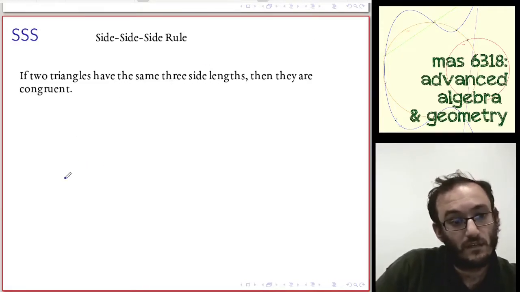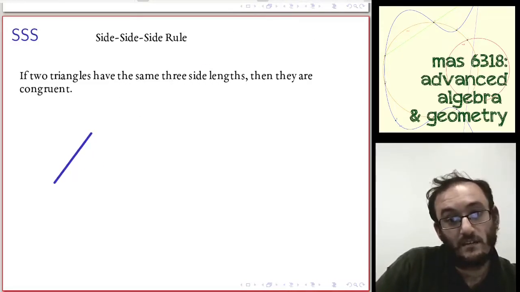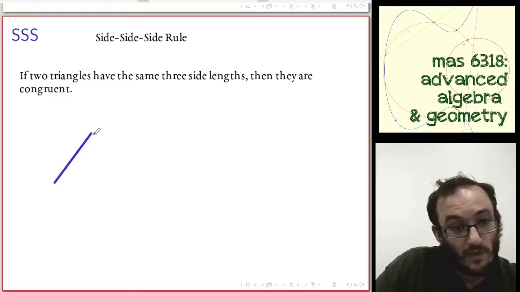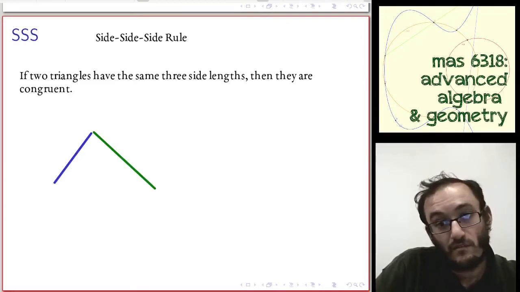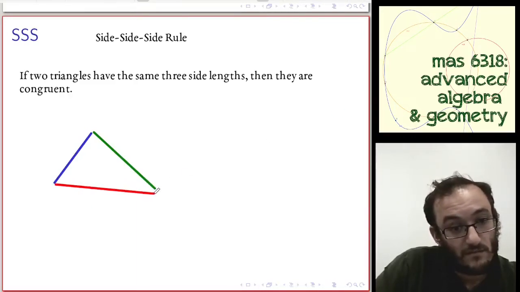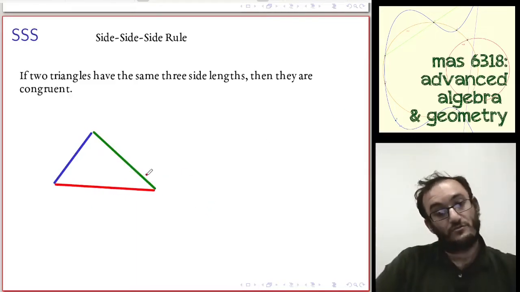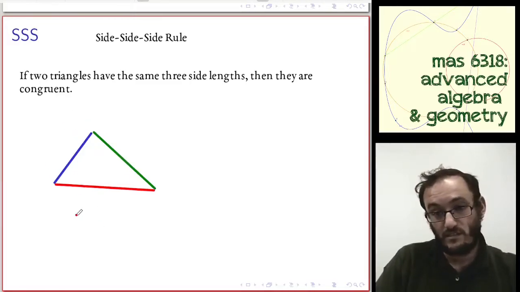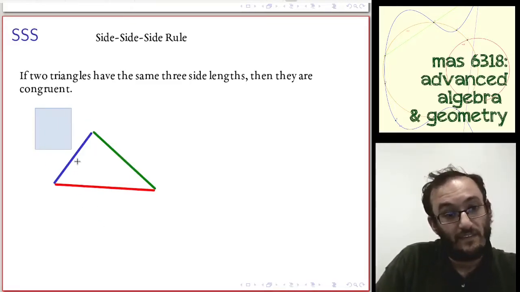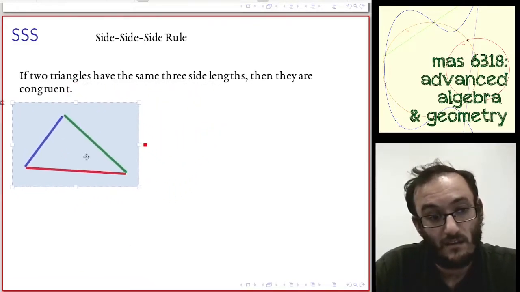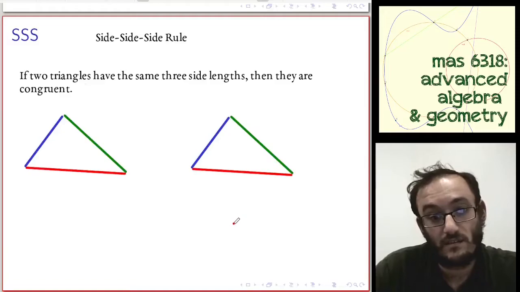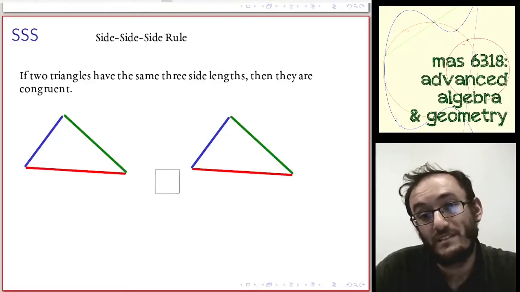Okay, so how does that work? Well, this time we'll make 3 different color boundaries. So let's say we have these 3 different side lengths, and then I give you another triangle and I say, you know what? This is going to be the same 3 side lengths, but maybe it'll be different.